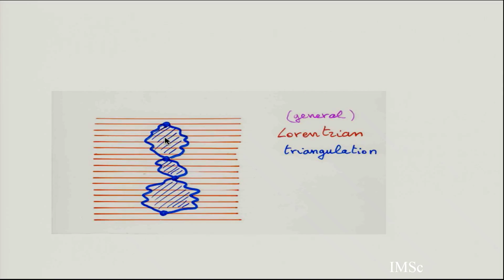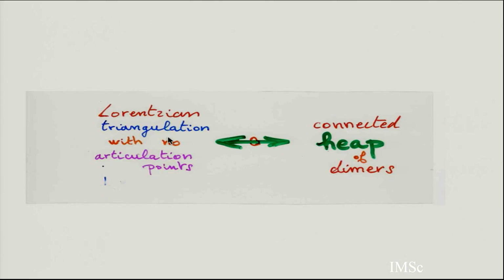So you can decompose any Lorentzian triangulation as a sequence of Lorentzian triangulations with no such point. Then if you take each of these components, such triangulations with no articulation point, that's what we want to enumerate. They are in bijection with connected heaps of diamonds.